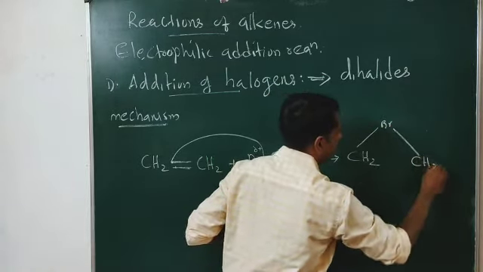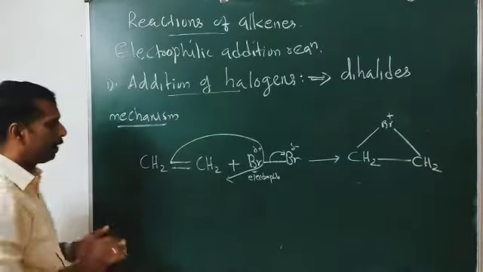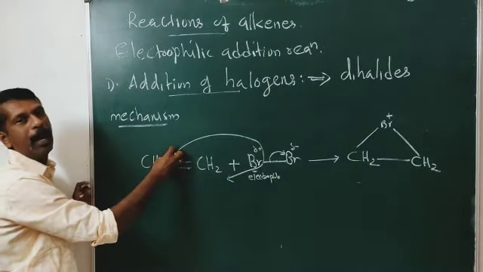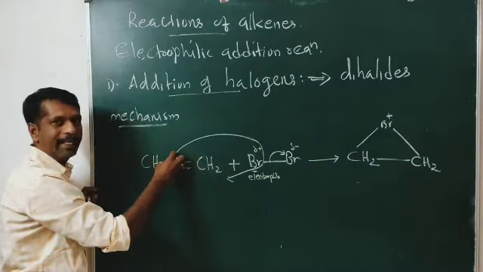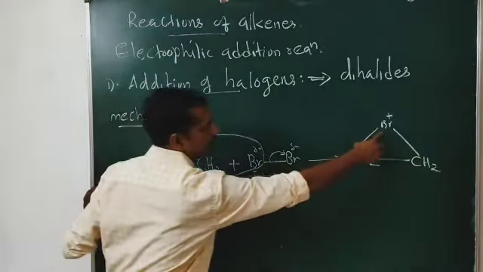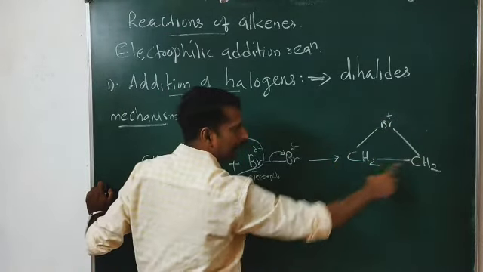Br here, CH2, and it is getting a full positive charge. Once again I repeat, this Br is coming into the alkene, which will result in the formation of a cyclic halonium ion.